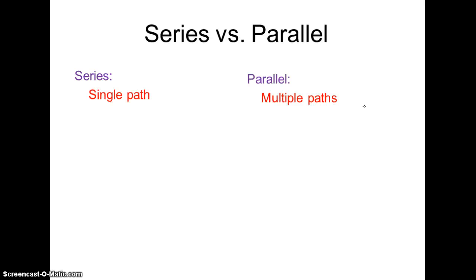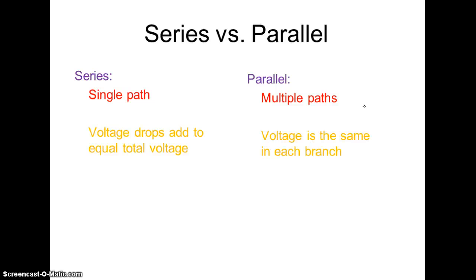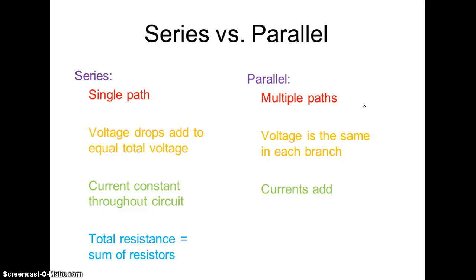Series is a single path, parallel, multiple. Voltage drops add. Voltage is the same in each branch. Current is constant. Currents add up. Total resistance is the sum. Total resistance is smaller than the smallest resistor.